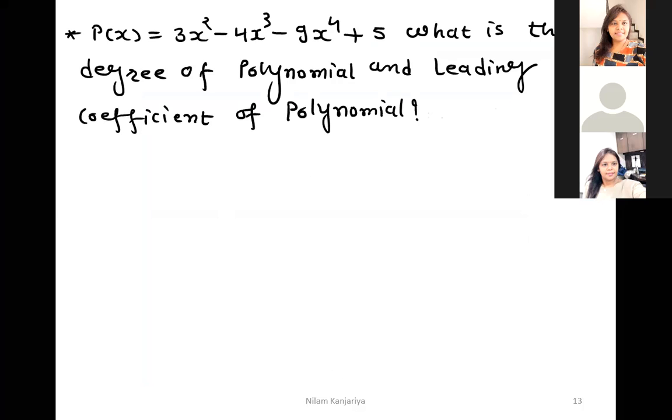You can find the degree of the polynomial, and you can also tell the leading coefficient of the polynomial.